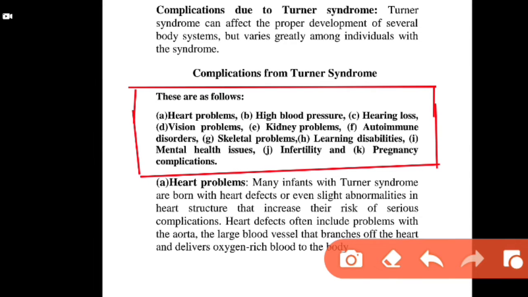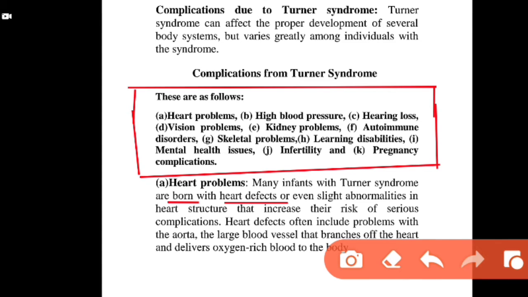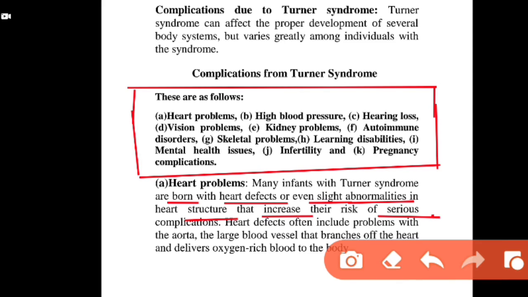First is heart problems. Many infants with Turner syndrome are born with heart defects or even slight abnormalities in heart structure that increase their risk of serious complications.